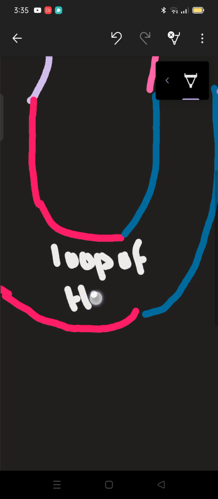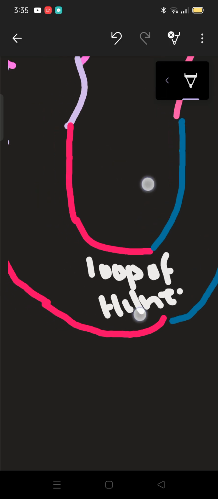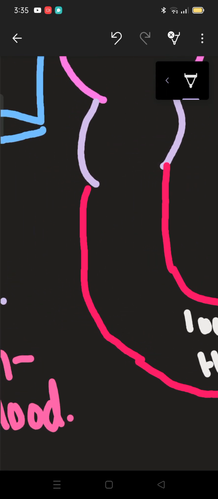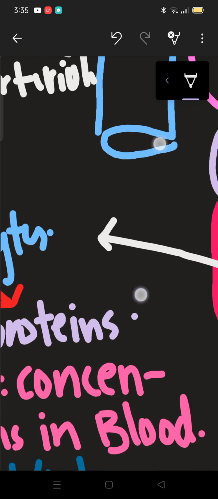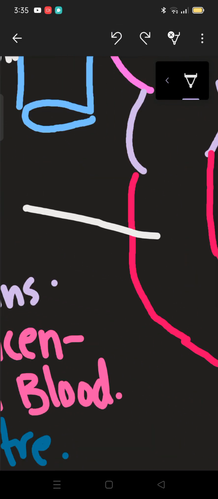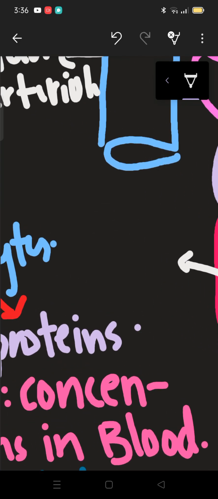Loop of Henle. And here I have the descending limb. Sorry, descending limb.